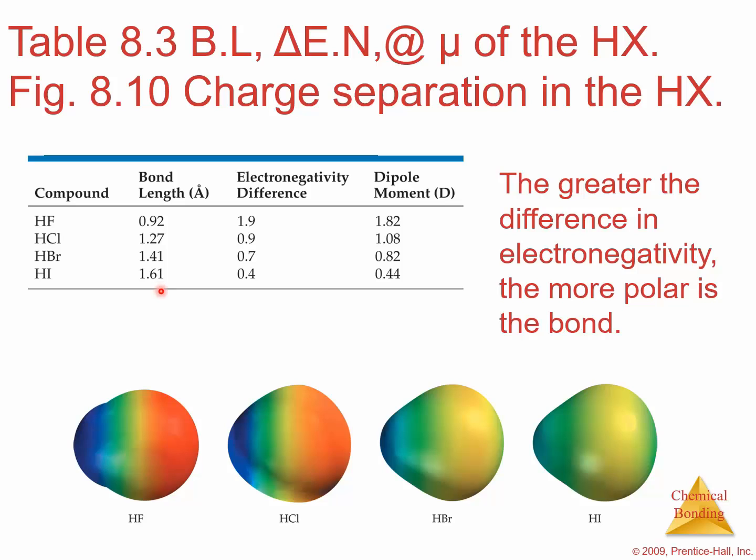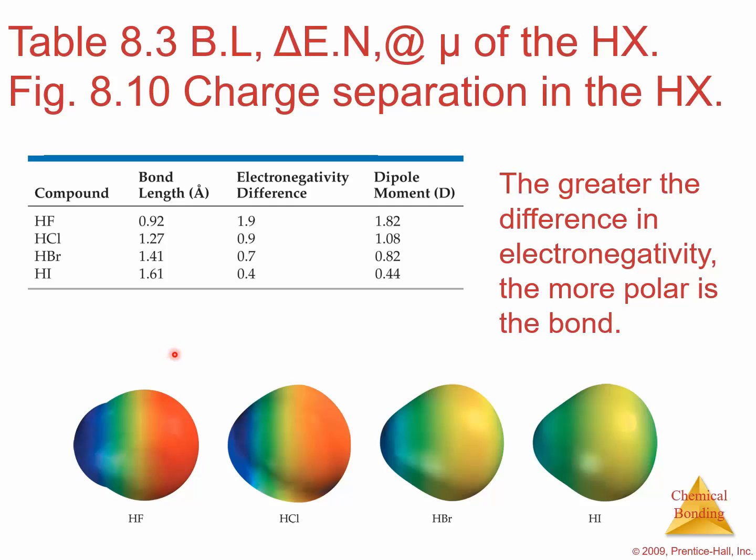Calculations identical to those used in sample exercise 8.5 show that the charges on the atoms decrease from plus 0.41 and minus 0.41 in HF to plus 0.057 and minus 0.057 in HI.